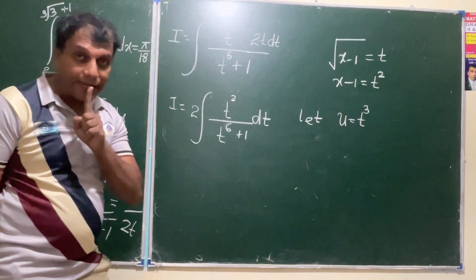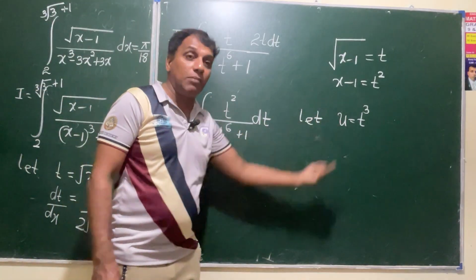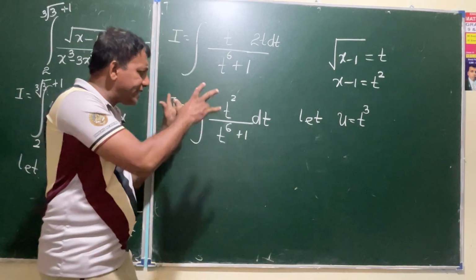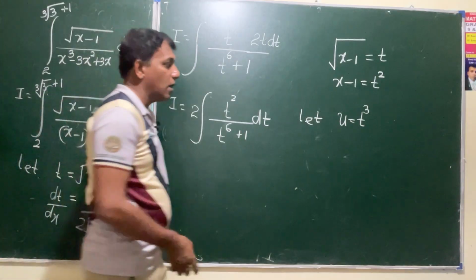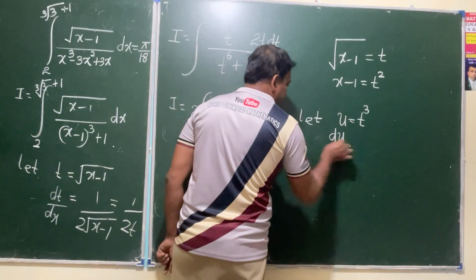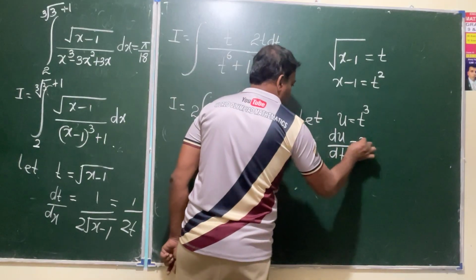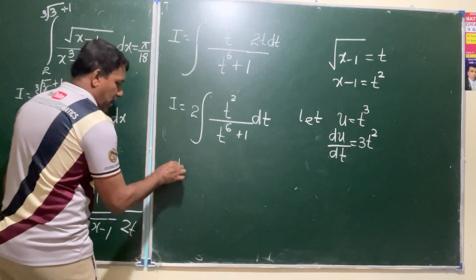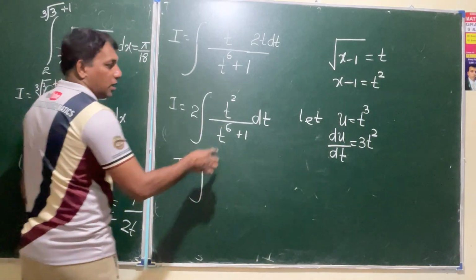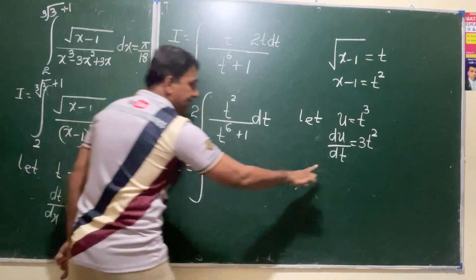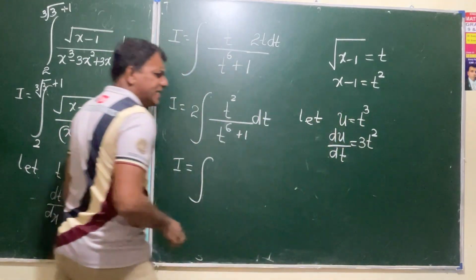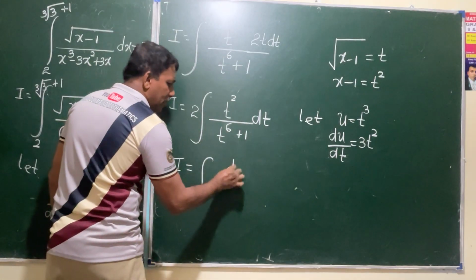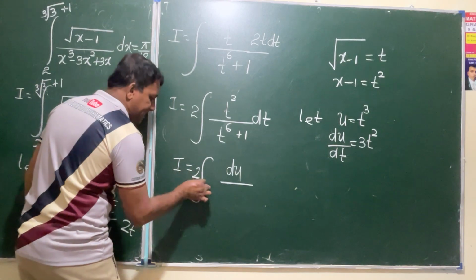Now another variable u comes in as another integration substitution, so I change the entire problem into u terms. What is du over dt? The answer is 3t square. So I equals the integral, and t square dt is du over 3. Check, nice.